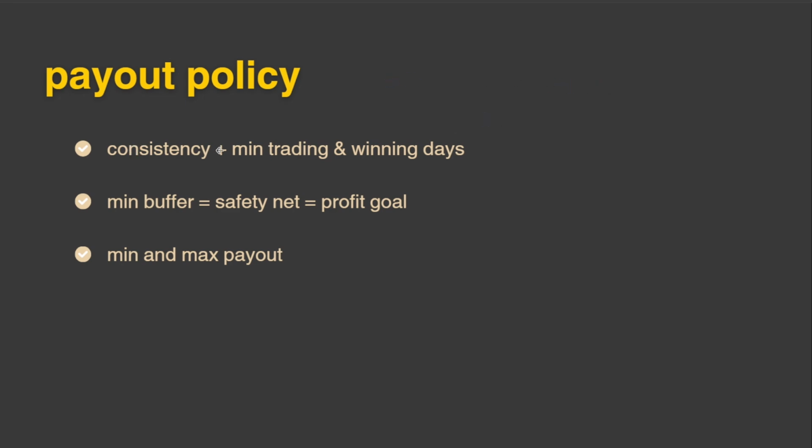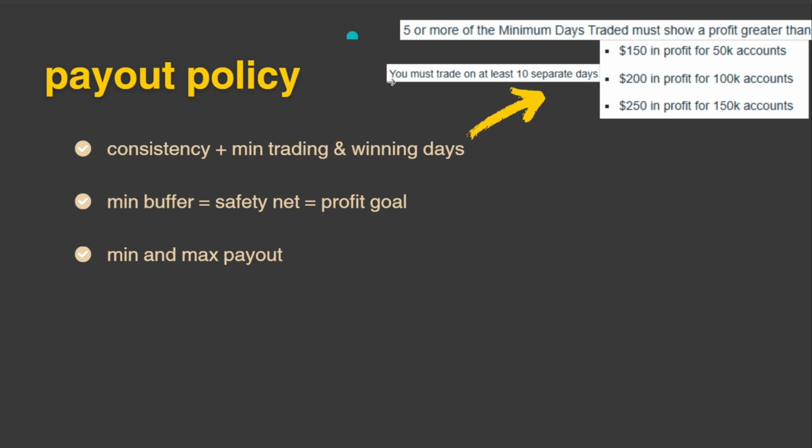And mainly here you can differentiate between, is there consistency, are there min trading days, are there min winning days. Again, with the example from Tradeify, here you have to do 5 traded days with the minimum profit, depending on the size of the account you've chosen.